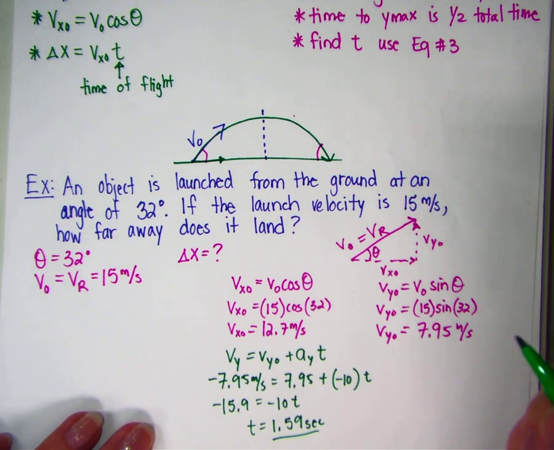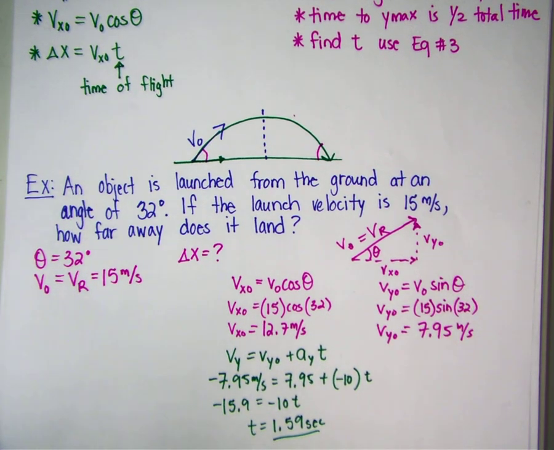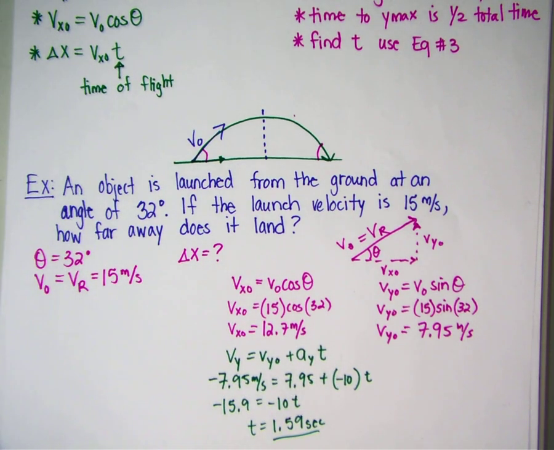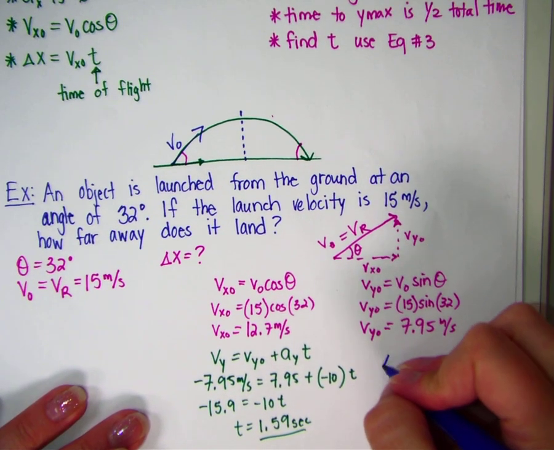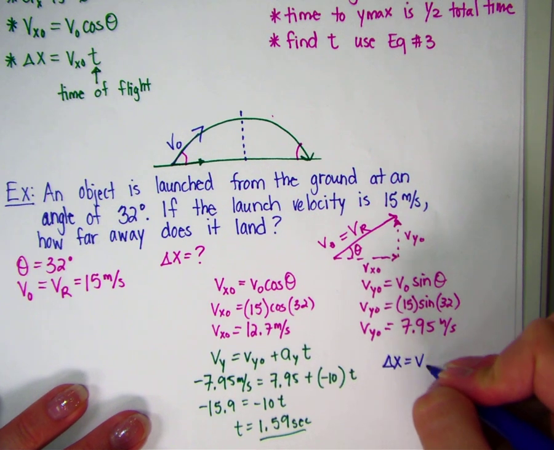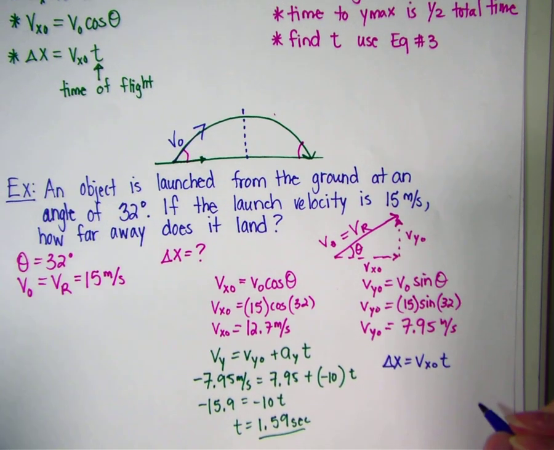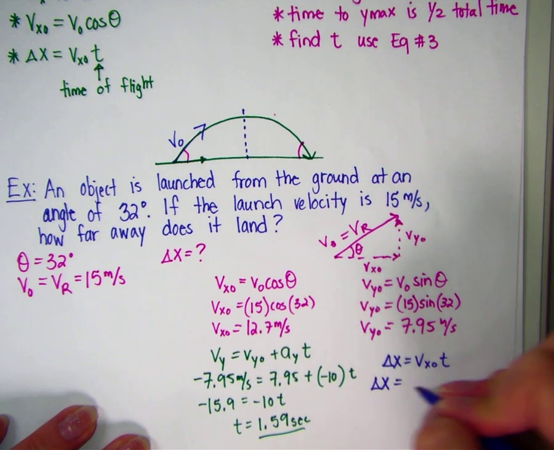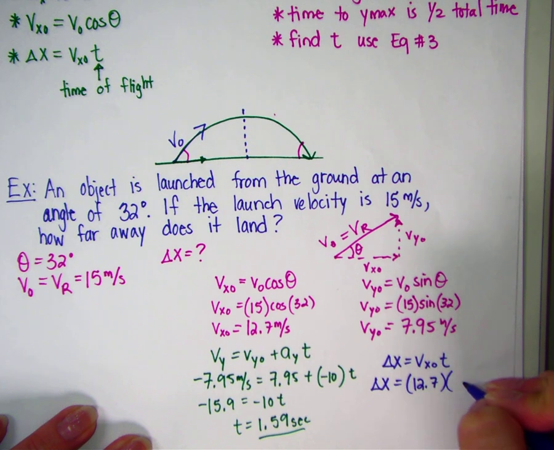Once you get to that point, now we can solve for what's actually being asked for in the problem, which is your delta x. And we have that one very fancy equation, the only equation for the x direction. And remember to make sure you plug in the correct values.